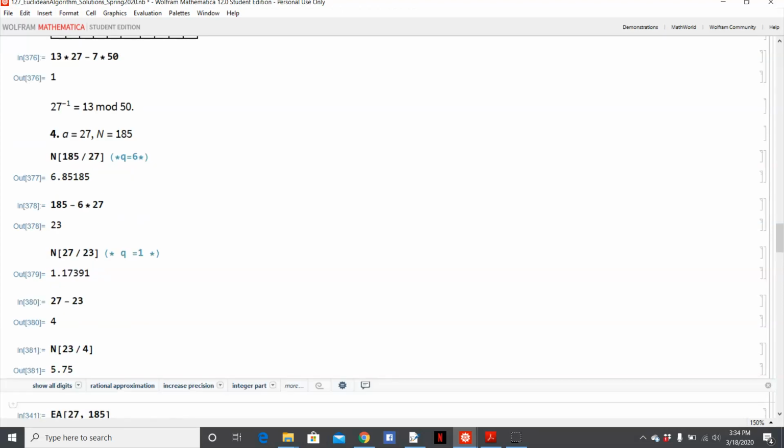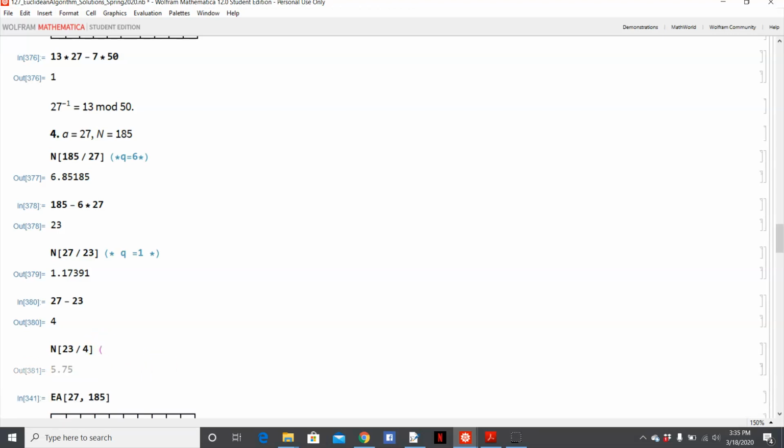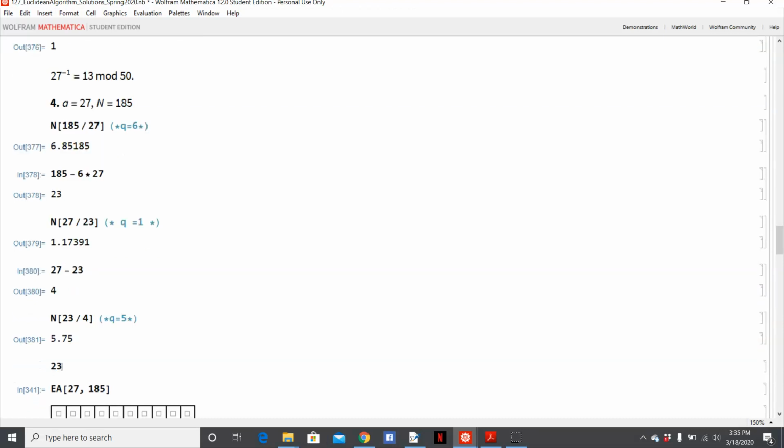We ran into these precise computations in an earlier problem. Q, where did Q go? Q equals 1, 5. So I take 23 and I subtract 4 times 5, gives me a remainder of 3.